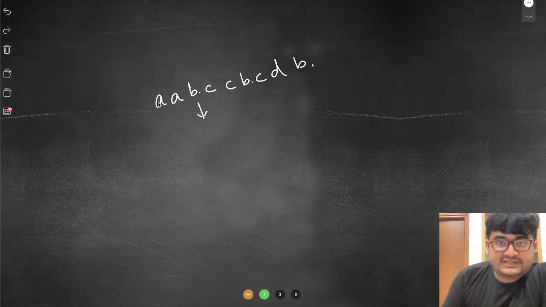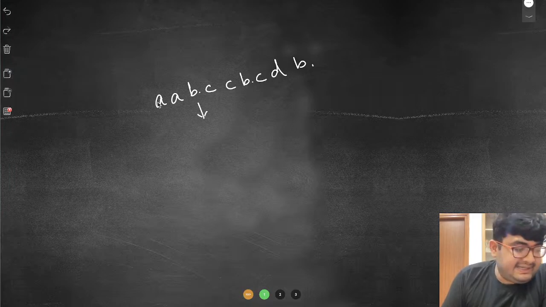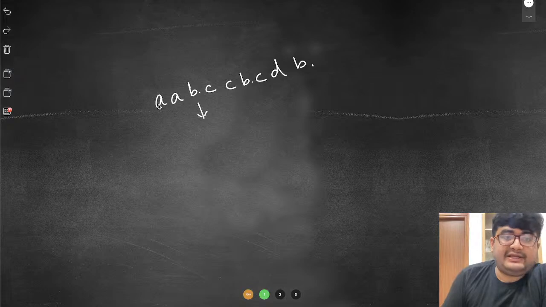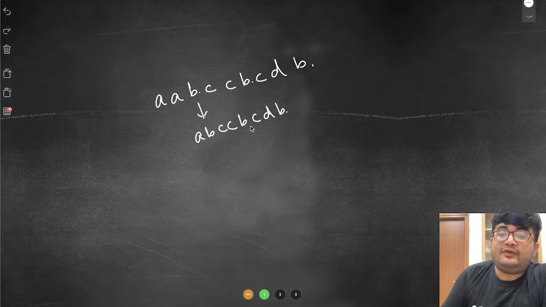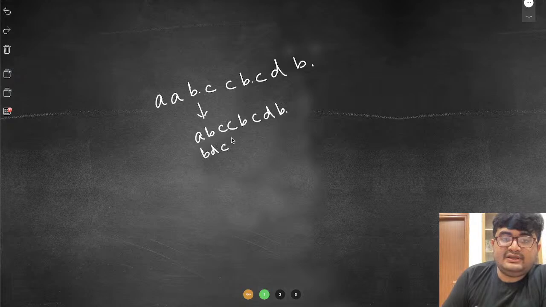A is the first character. Is A repeating? Yes, A is repeating. So we'll remove A: B, C, B, C, D, B. Then we reverse it: B, D, C, B, C, B.